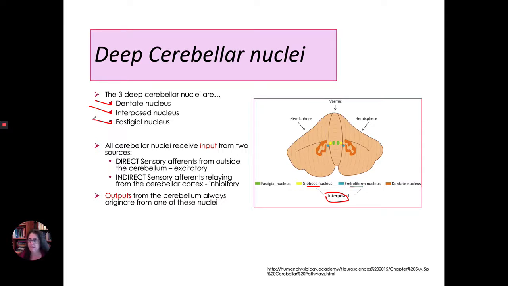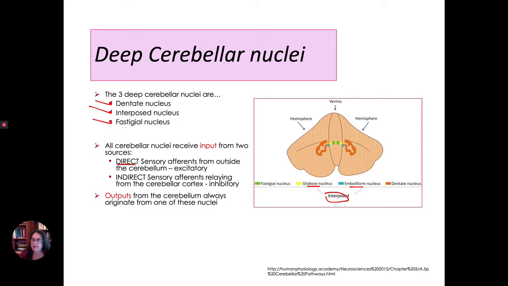Now, all cerebellar nuclei that we just listed, all of them, receive input from two sources. Either direct sensory afferents, remember that list of afferents we just went over? Direct sensory afferents from outside the cerebellum into these deep cerebellar nuclei, and those afferents coming in direct to those nuclei are excitatory.